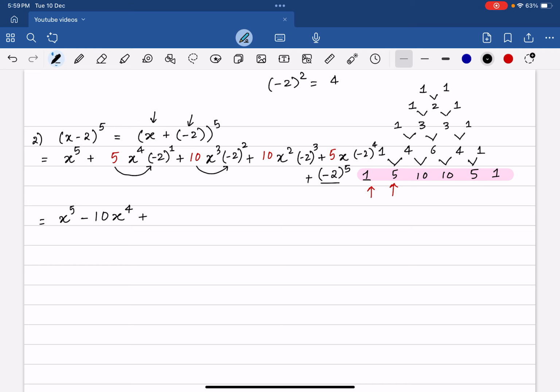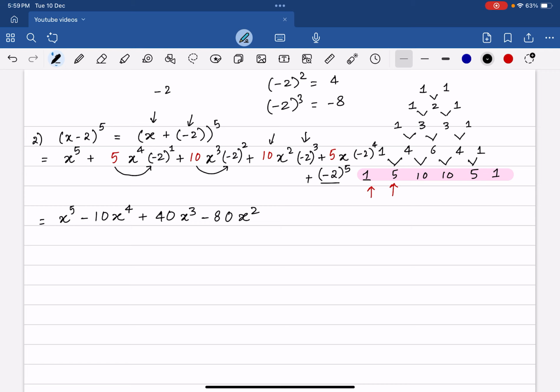It's 4. So 10 times 4 makes it 40x cubed, right? What comes next? Negative 2 cubed is negative 8. So this will be negative 8 multiplied with 10, giving you negative 80x squared.